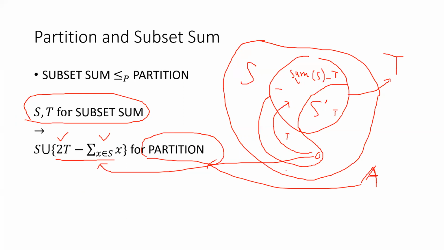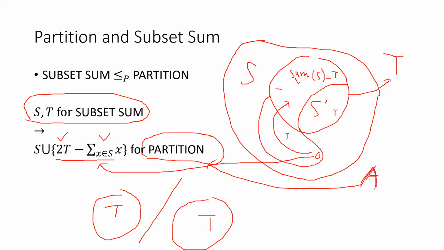And on the opposite side, if we have a legal solution for this partition problem in the set A, so you have two sets, and they have the same amount of sum. And because you know that the sum of S is sum S, and you also have one more element in A, and if you sum them, then it's 2T.